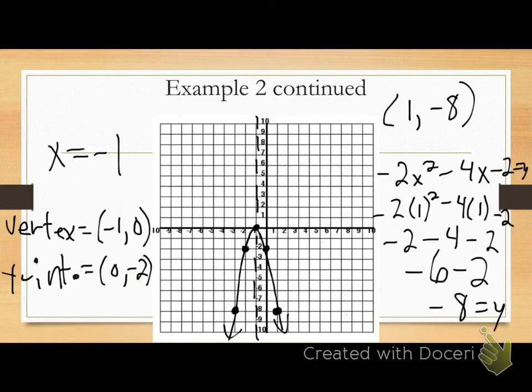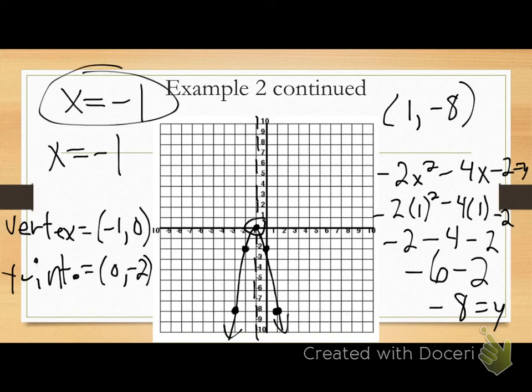So wherever my graph crosses the x-axis, that is my solution or solutions. So how many solutions do I have in this case? 1. What is it? -1. It only crosses my x-axis at -1, correct? So my solution is x equals -1.